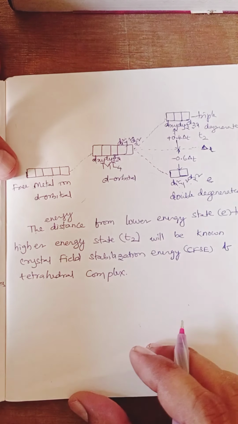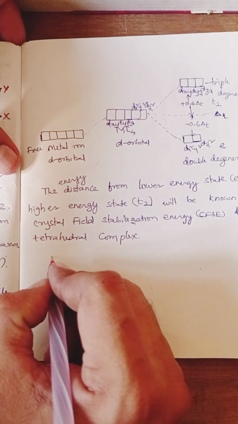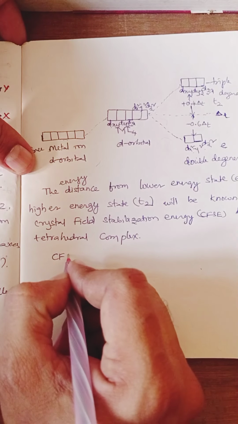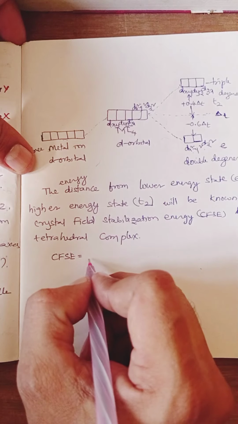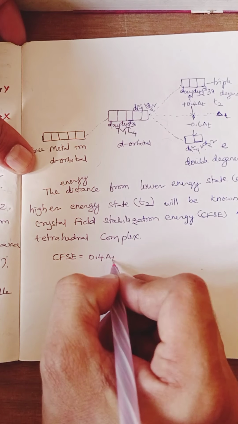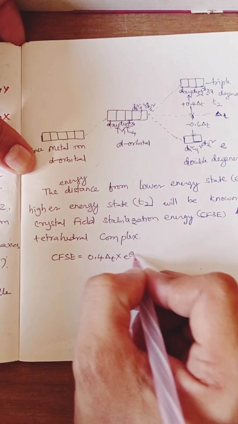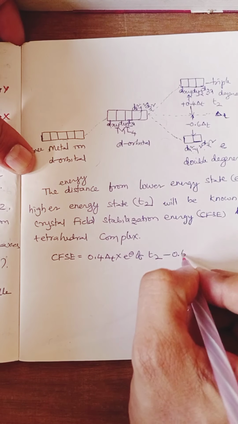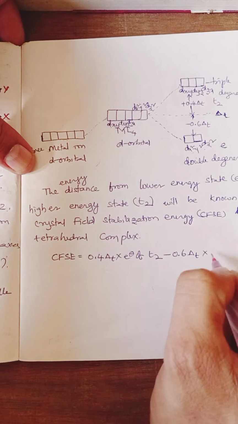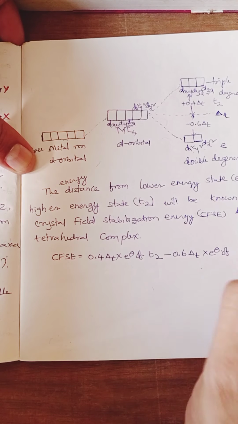Tetrahedral complex, right? And it could be calculated as CFSE is equal to 0.4 delta T into electrons of T2 minus 0.6 delta T into electrons of E.